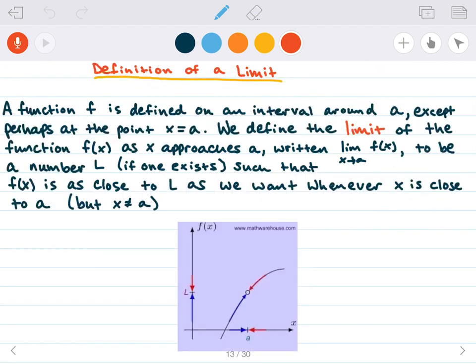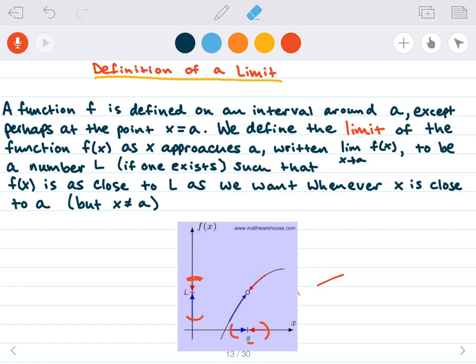Okay, so here's the formal definition of the limit. I'm not going to ask you to recite this. I like to talk about limits a little bit more intuitively, but this is it if you want it. And you can see with the picture, this is what I've been explaining. We have this neighborhood around something that x is getting close to. In this case, it's a. And we want to see what y value they converge on.